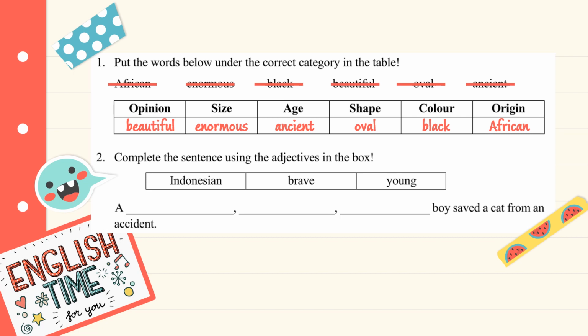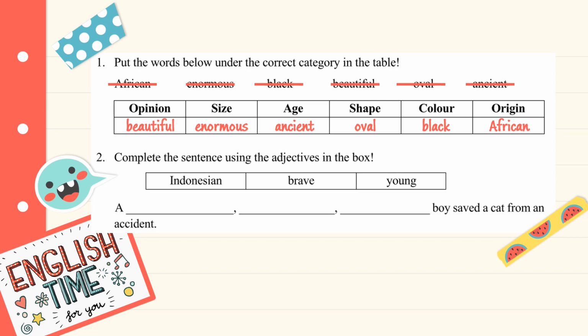Okay, number 2. Complete the sentences using the adjectives in the box. There are only 3 adjectives, but you must use all such the order of adjectives, to put them before the noun. Okay, even though there are only 3, 4, or 2 adjectives, you always have to follow the order. So let's see. Indonesian. Indonesian is the origin. Good. Brave.